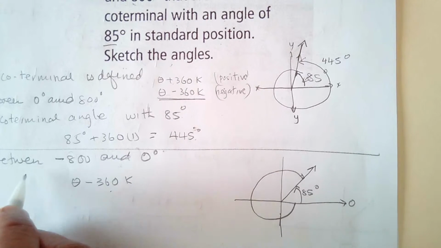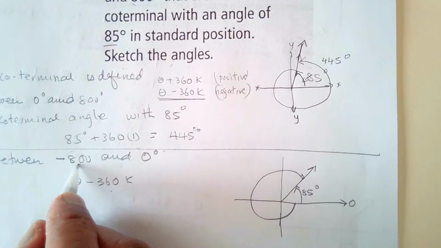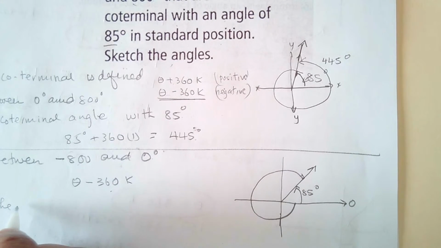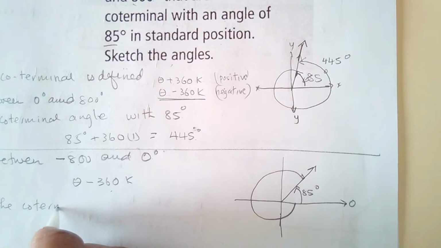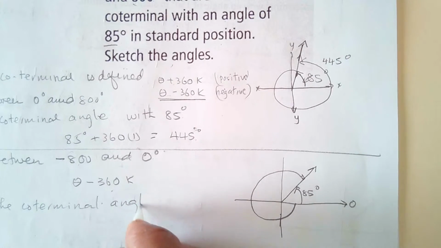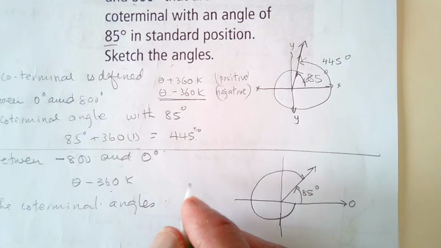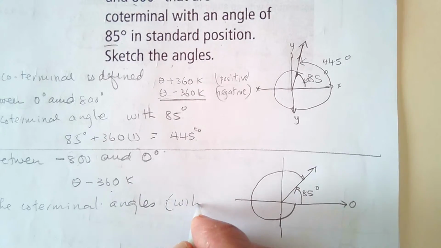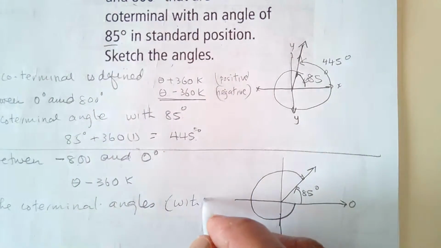So between negative 800 and 0, the coterminal angles with, in this case, it will be 85.